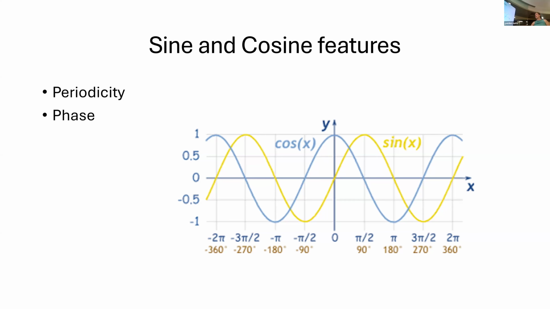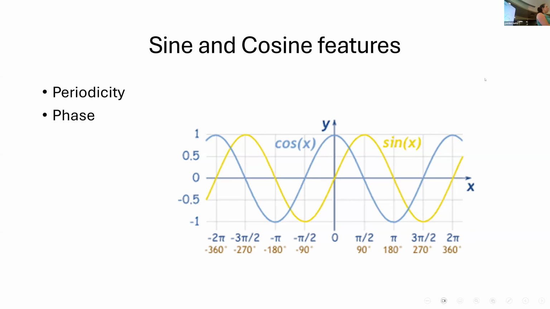A very good way is to talk about the shift from sine to any other wave. For example, the shift from sine to cosine is like taking the sine function and shifting it pi over 2 to the left. So this is one way.